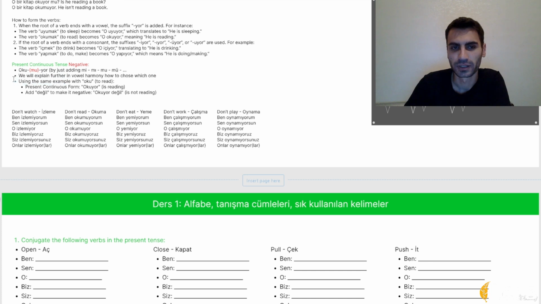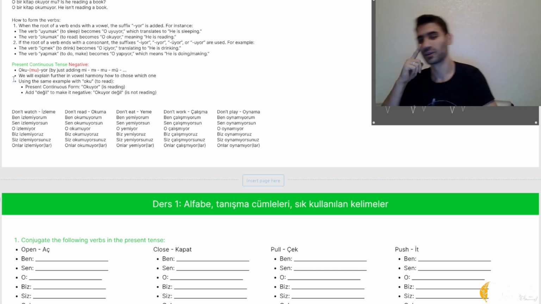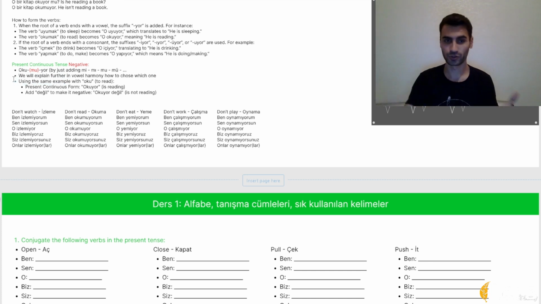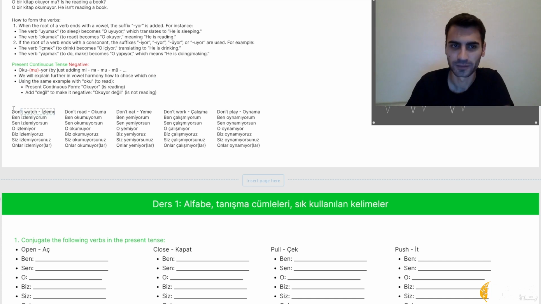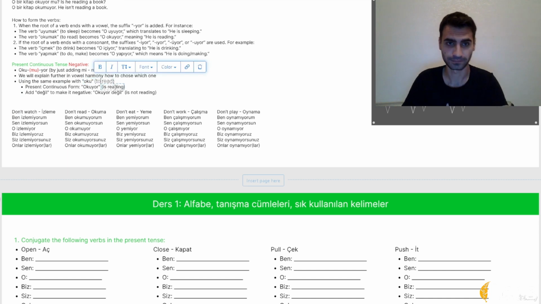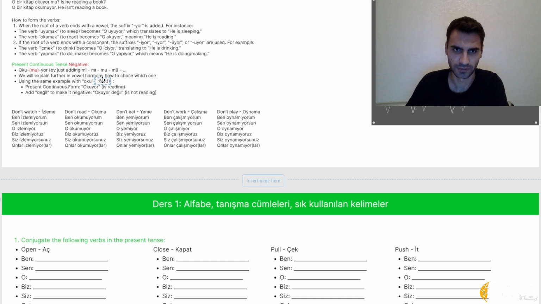Yes, vowel harmony. Everything comes to the vowel harmony, but still you should learn all of the remaining stuff. Using the same example with oku, to read. Okumak is to read, actually. Oku is just read. Present continuous form, okuyor, is reading.